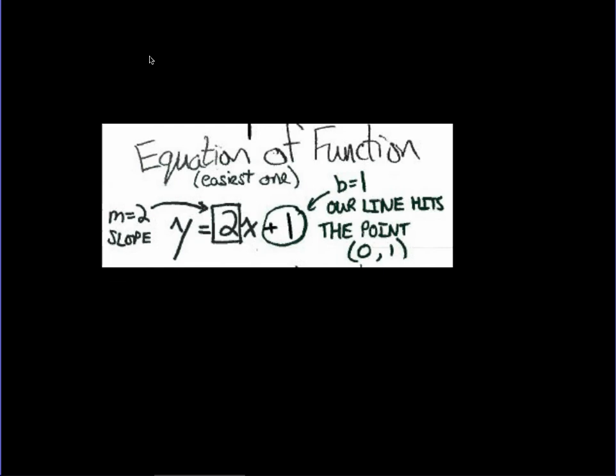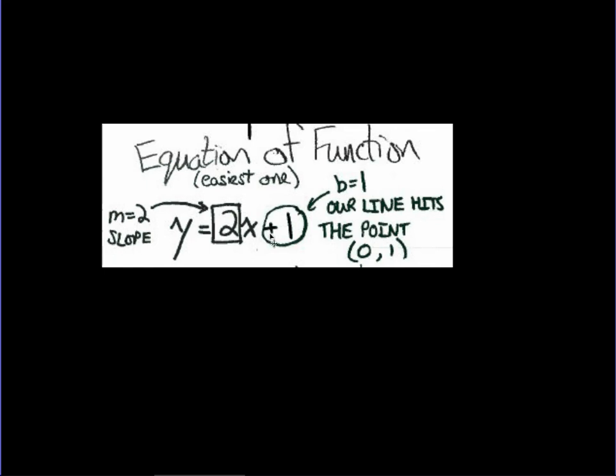And lastly, but never leastly, the equation of the function, I personally think is the easiest one. Again, it's going to be in our slope-intercept form. You have to be able to identify what the slope is and what the y-intercept is. I'm going to try to get us to box in the slope, which is always the coefficient of x. For this one, our slope is 2.